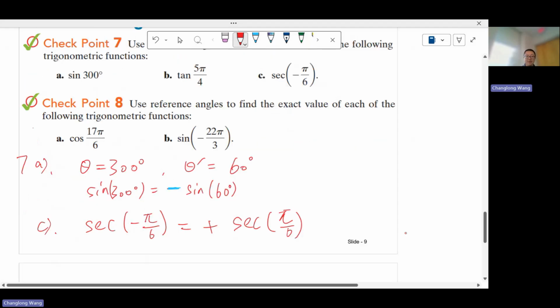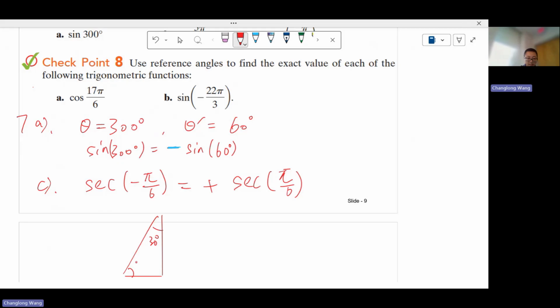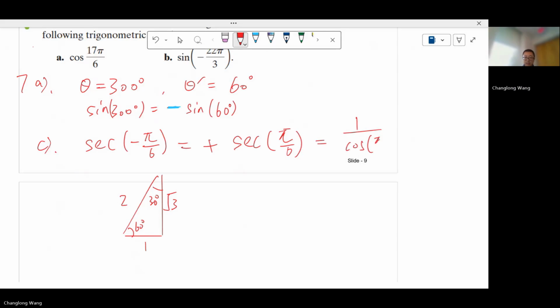So let's go ahead and draw that special triangle. As you know, pi over 6 is 30 degrees. You have a 30 degree, 60 degree triangle, right? The opposite side of the 30 is 1. The hypotenuse is 2. That's radical 3, right? So now you know what? If you don't like secant, it is the reciprocal of cosine, right?